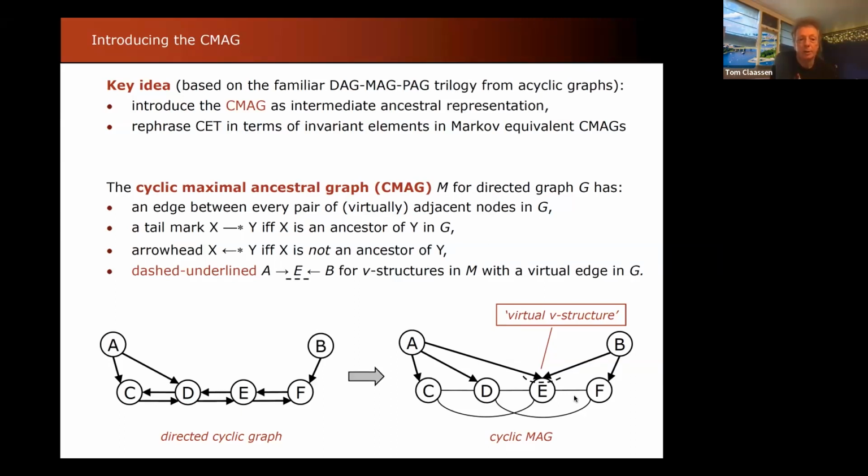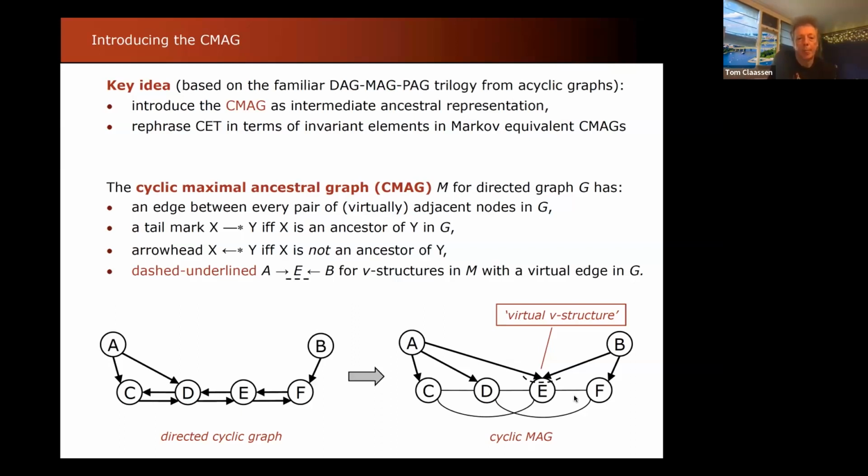You put a tail mark to indicate ancestorship on an edge, an arrowhead if it's not an ancestor, and we still need these dashed underlined triples to include for V structures in the CMAG that have a virtual edge in G. So it's really on a graphical level, and they're indicated on the bottom right-hand side. We call it a virtual V structure in this case, to indicate that it looks like a V structure, but it's different.